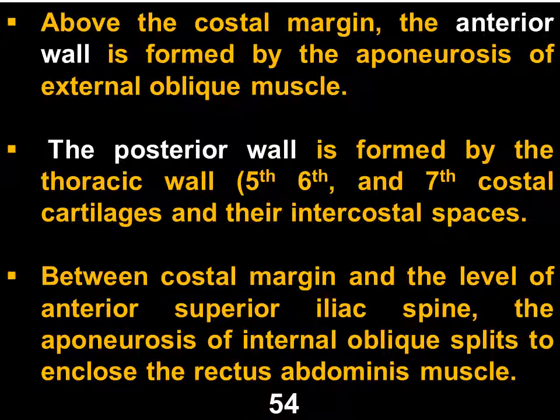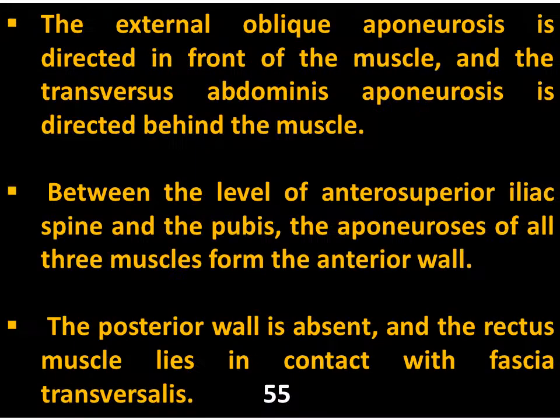The anterior layer is formed by the external oblique aponeurosis with the anterior layer of the internal oblique. The posterior layer is formed by the posterior layer of the internal oblique with the transversus abdominis.